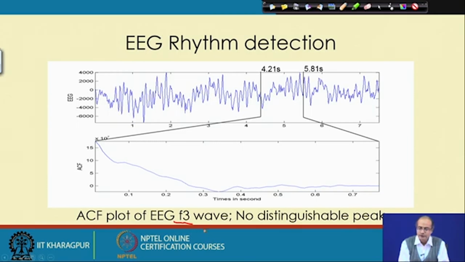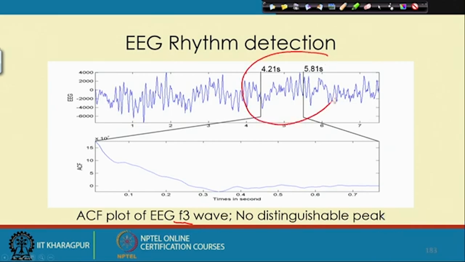For that F3 wave, earlier we computed the ACF to know whether the signal within this region, 4.21 second to 5.81 second, gets repeated throughout the signal of F3, and we found that there is just a valley, there is no peak. So, we concluded that there is no distinguishable peak and no repetition of that same kind of signal.